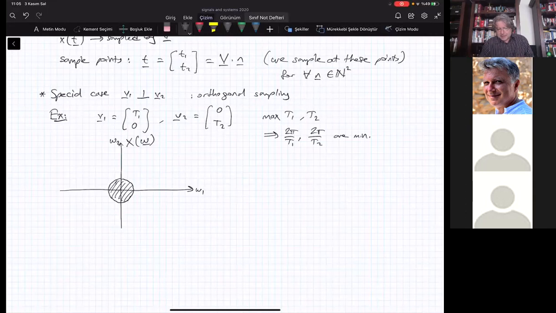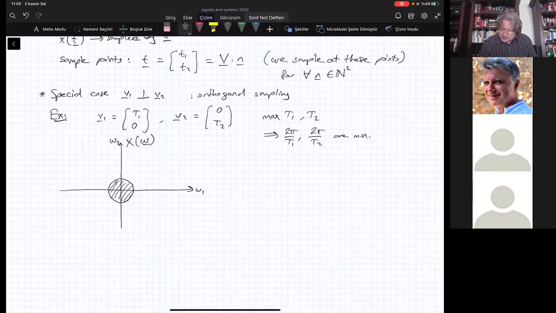When they are minimal, of course, we have to take into account that we don't want aliasing. So I want to merely touch the shapes of those triangles or these circular disc shapes that I indicate.